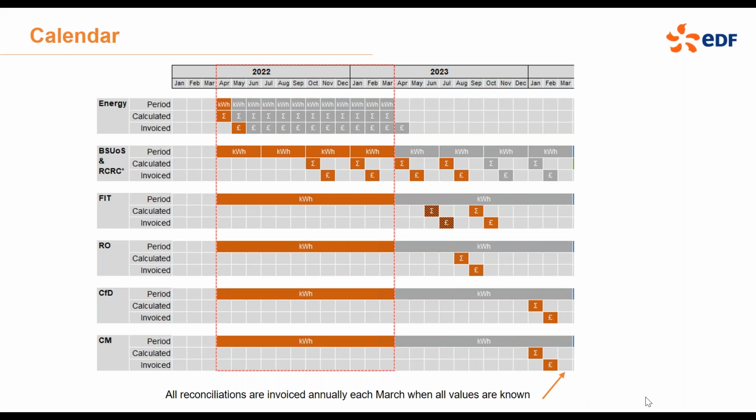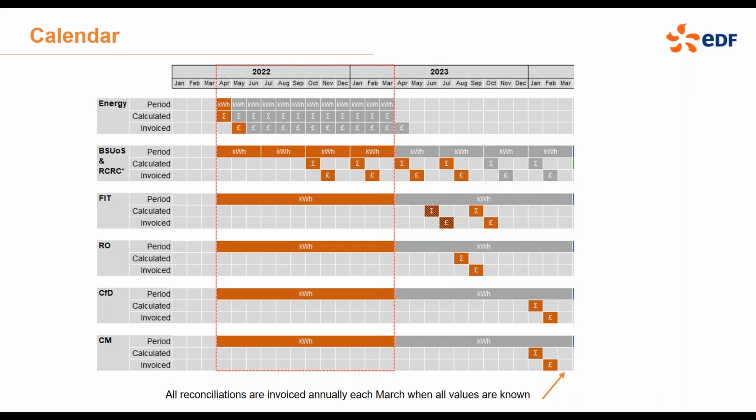But the difference is where we've seen the wholesale market see some super excessive highs. What that's meant is that those generators were all receiving an income far above their strike price. So the scheme has actually become a source of revenue rather than a cost for that period.